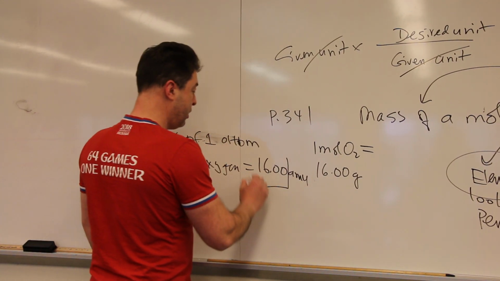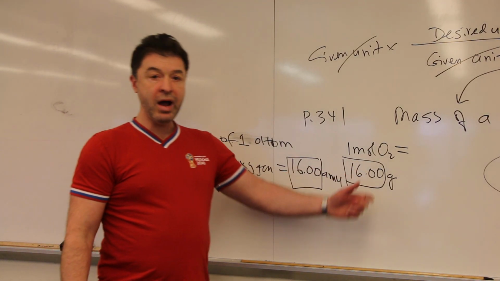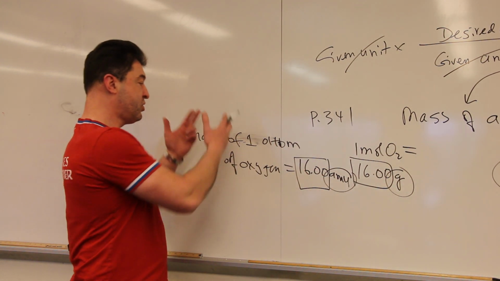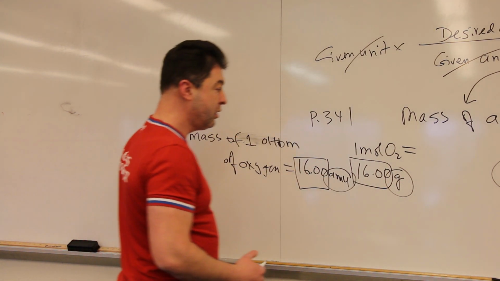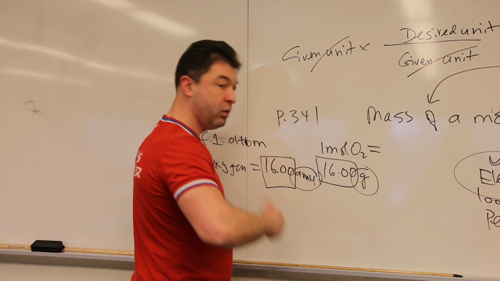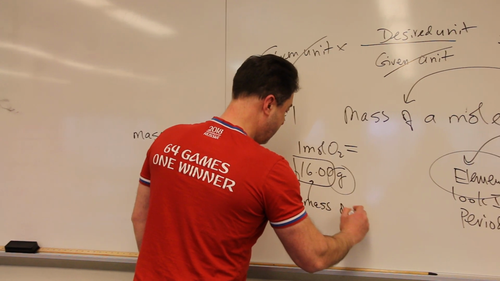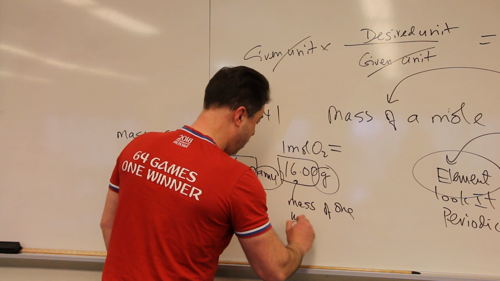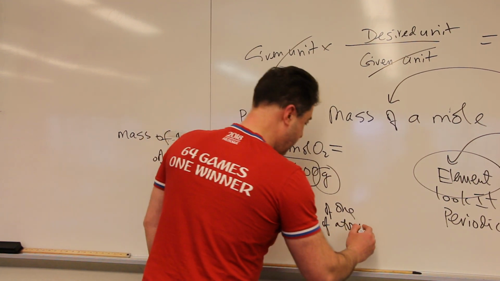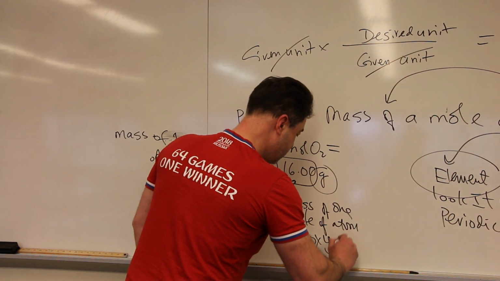So the mole and the AMU units pretty much have the same magnitude, but different units because they represent different masses, of course. This is just the mass of 1 atom of oxygen, okay? And this one is the mass of 1 mole of oxygen atoms.